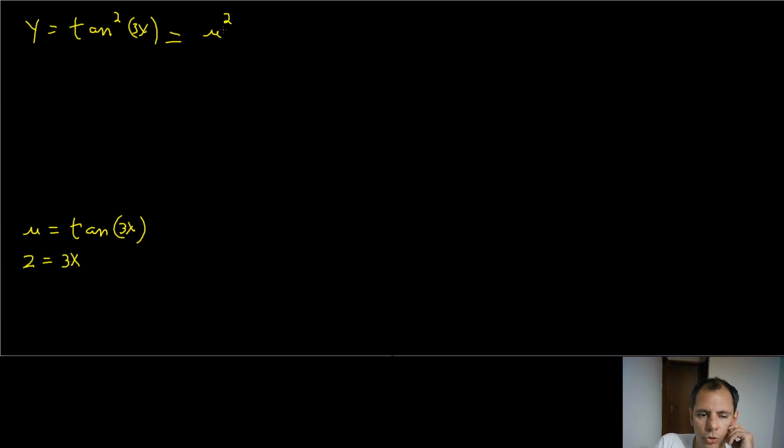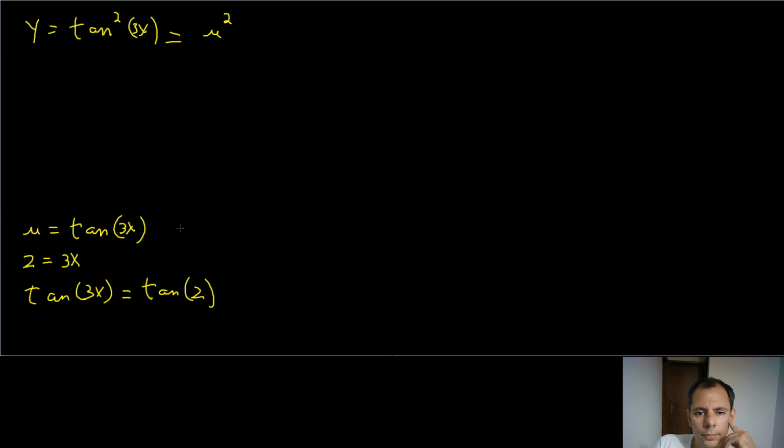So this is a u squared, okay? But you see the tangent, actually it's a z, so you can also say that this tangent of 3x equals the tangent of z.